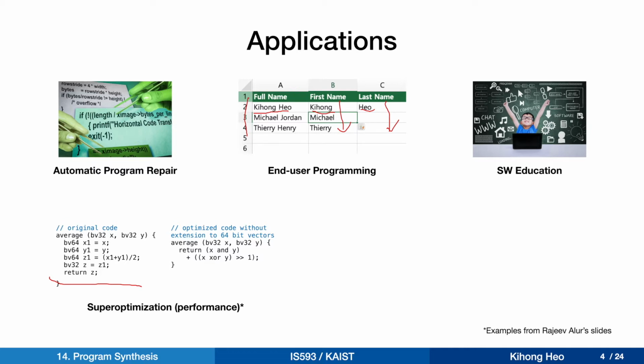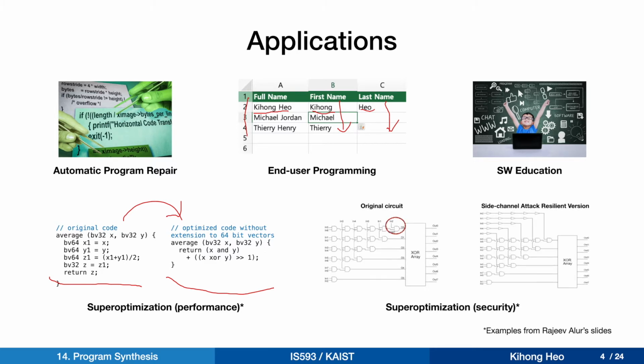But the code on the right hand side is more efficient. It computes the average without this vector extension. As you can see, these two versions look very different, and traditional compiler optimizations cannot handle this kind of optimization. So program synthesis can be used for this kind of super optimization.